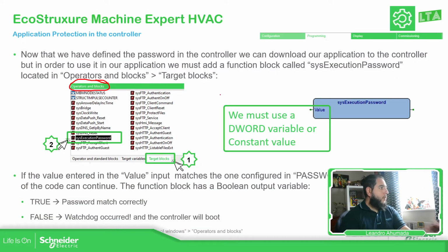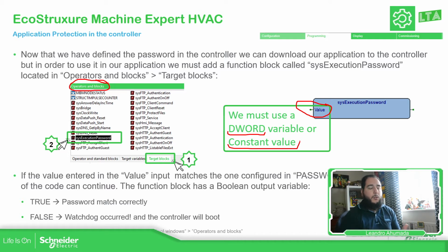So we already identified where this function block is located that compares the internal password with the one that we're going to define. Here we have an entry in this function block that must be a dword variable or a constant value. I usually recommend using a constant value because when you define the password, it is going to be protected.